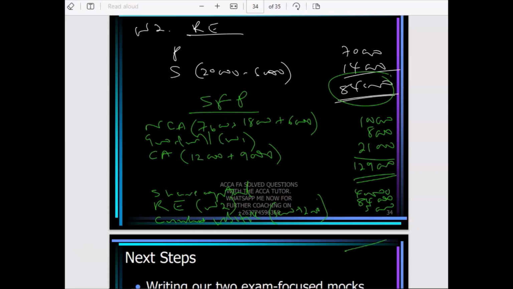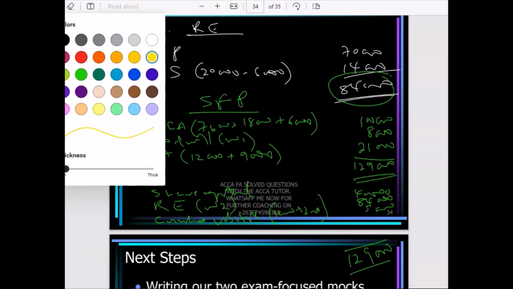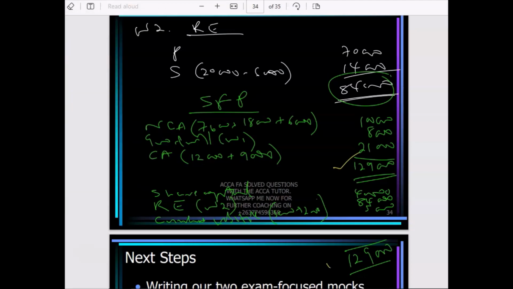You total up: 40,000 plus 84,000 plus 5,000, that's 129,000. So you can see that our consolidated statement of financial position has the two totals which are balancing. So in that case we have done our consolidated statement of financial position correctly.